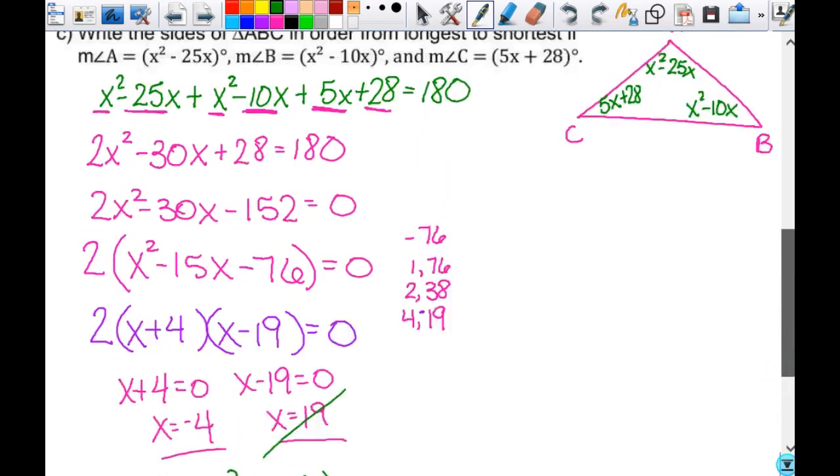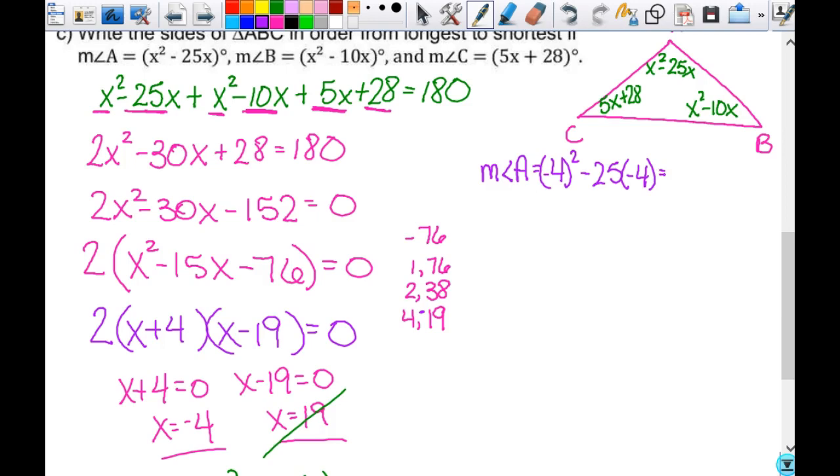So let's go up here and plug those in. Let's go up here where I can see it a little bit better. We're going to try the negative 4. So if I find the measure of angle A, that is going to be negative 4 squared minus 25 times negative 4. Right? So what's negative 4 squared? 16.